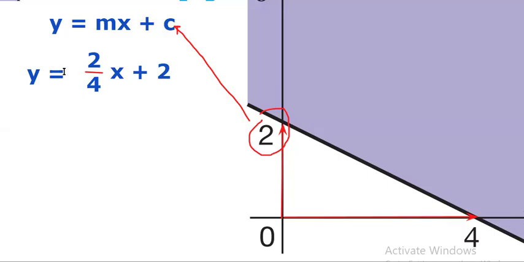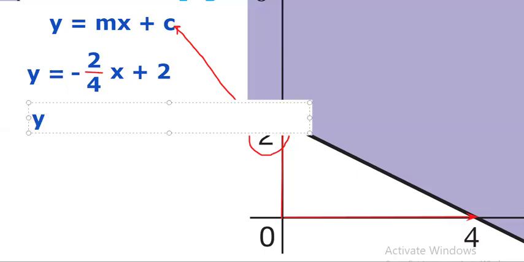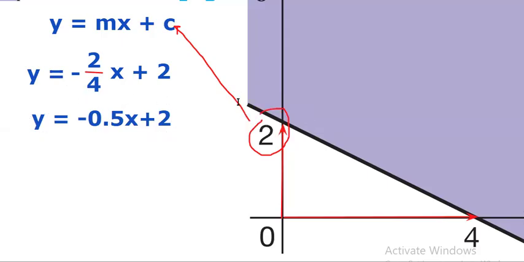So this one is negative 2 over 4. Now, to simplify this, y equals negative 2 over 4 is the same as 0.5, which is half x plus 2. So this is the final equation of this line.